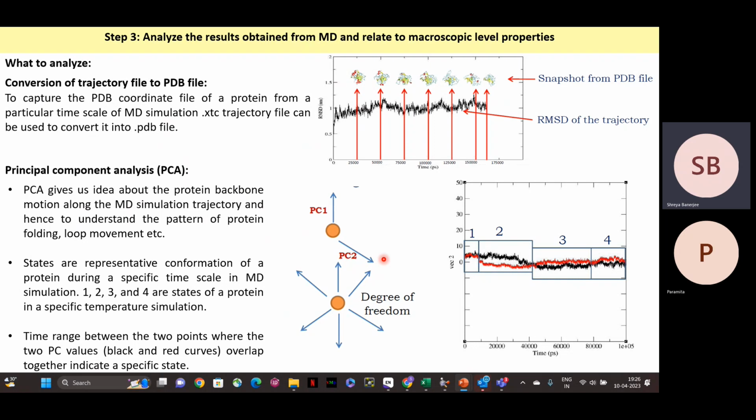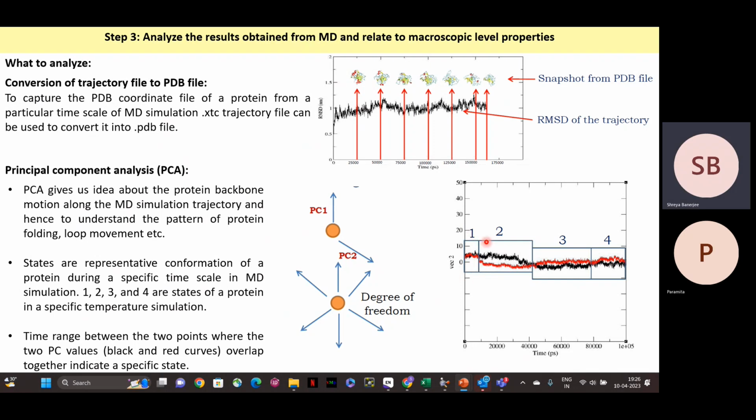So say a loop is suddenly forming in order to bind with a ligand, then that can be tracked by tracking these degrees of freedom. Here is the plot of PC2 and PC1 with time. States are representative conformations of a protein during a specific time scale in the MD simulation.